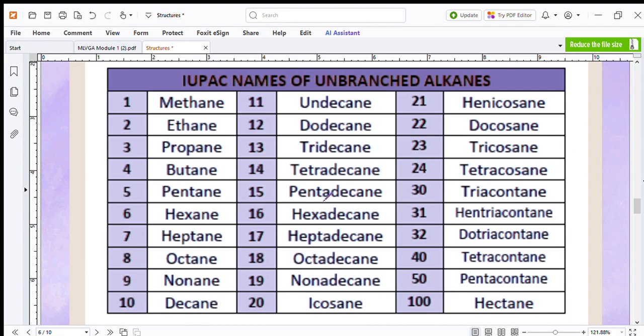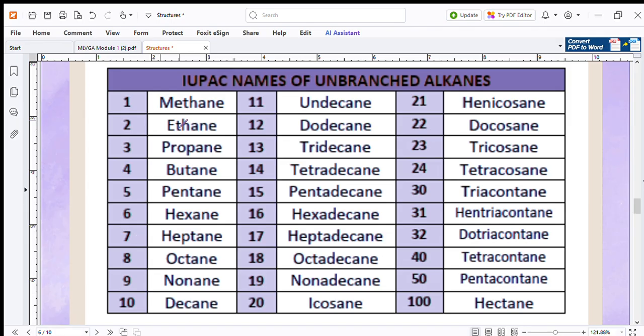So when it comes to the IUPAC names of unbranched alkanes, ito po ang names ng alkanes. So supposedly memorize natin ito from meth to dec. So meth, eth, prop, but, pent, hex, hept, oct, non, dec. So ito po ay parang numbering siya from 1 to 10.